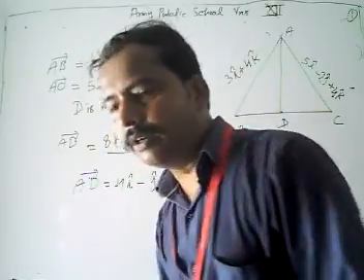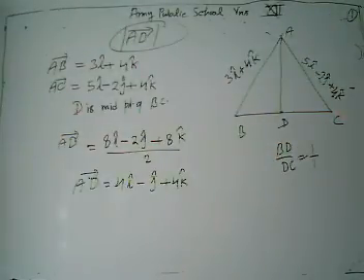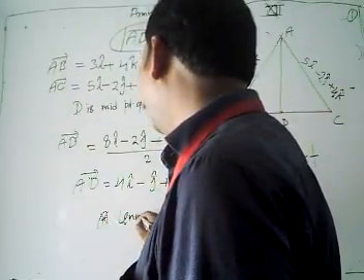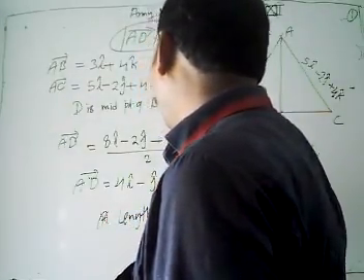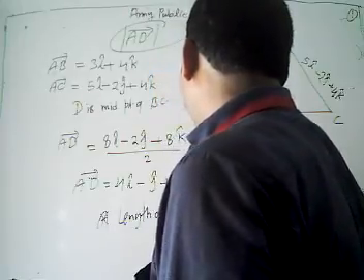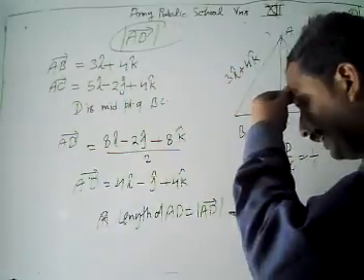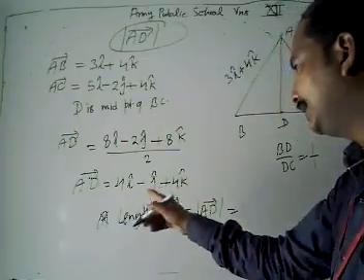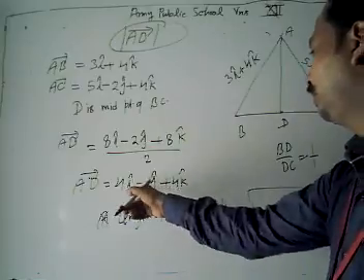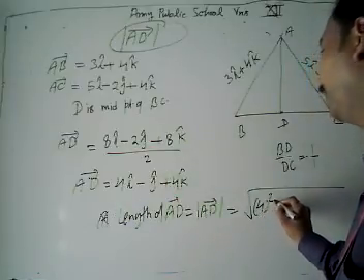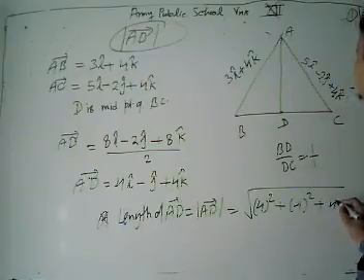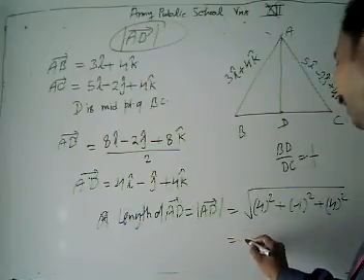Now we get our vector AD, which is 4i cap minus j cap plus 4k cap. Now we have to find the length. The magnitude of vector AD: how can we get the magnitude? It is the square root of x squared, 4 squared, plus y squared, minus 1 squared, plus z squared, where z is 4.